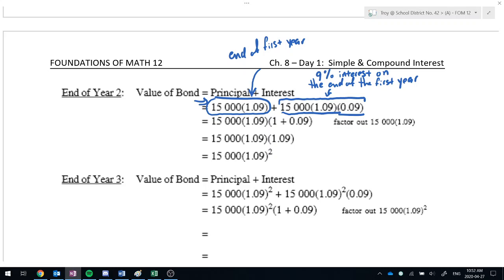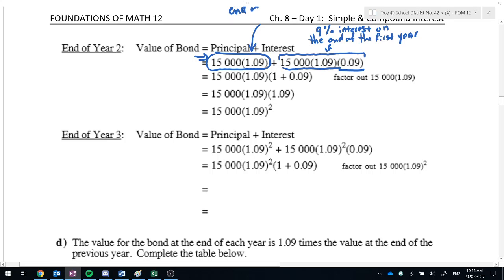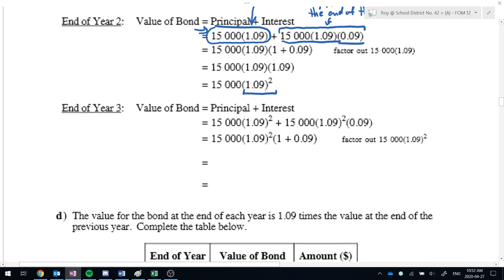The exercise does some algebra to simplify it out. All it's doing is showing you that we're just going to multiply by 1.09 to the power of how many years we've waited, right? So again, let's do that at the end of year 3.